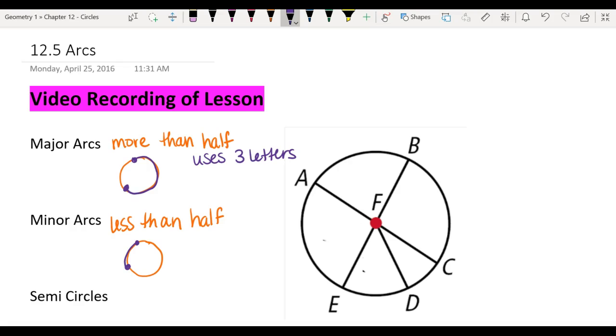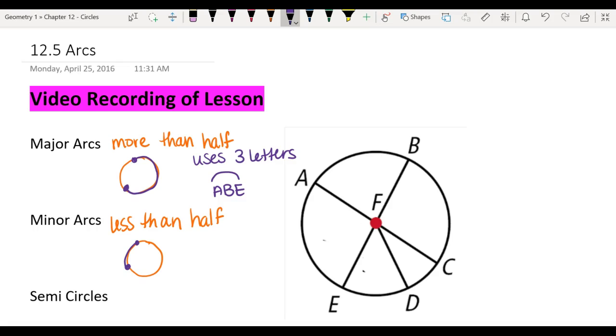So I would call it probably A, B, E, and then you put an arc over it. The fact that there are 3 letters tells me I'm going the long way around, going A to B to E.